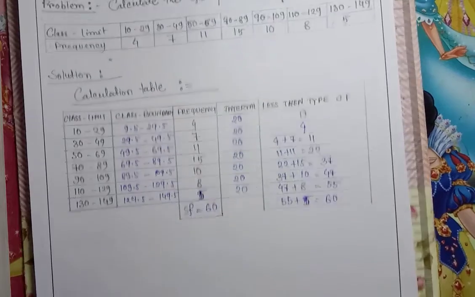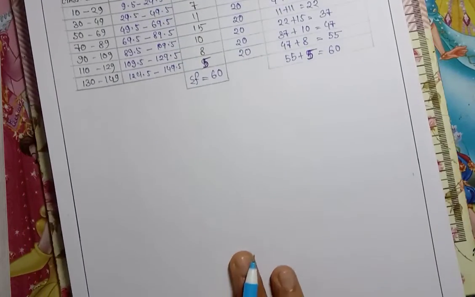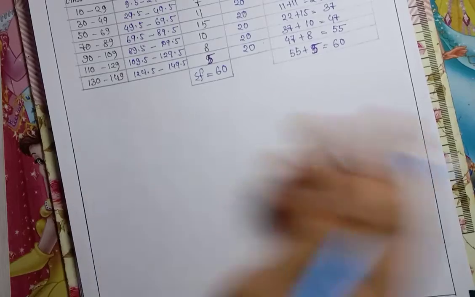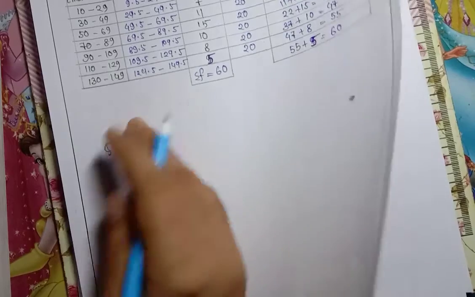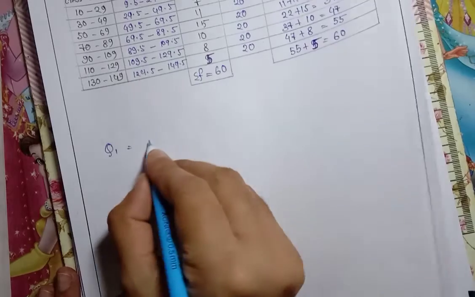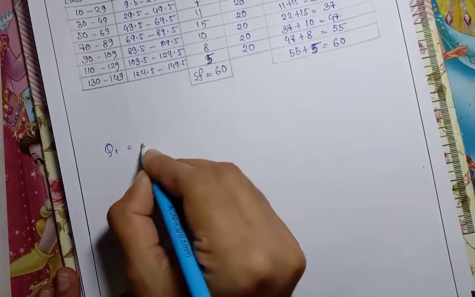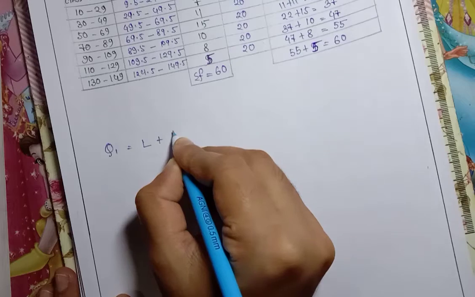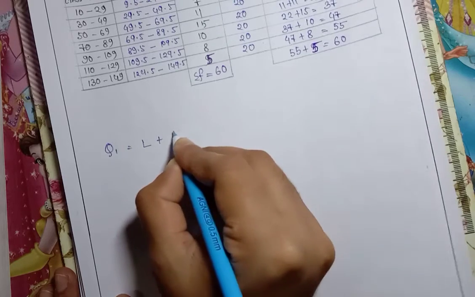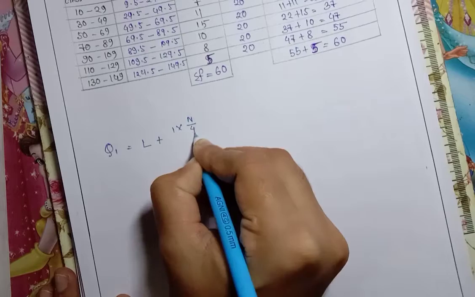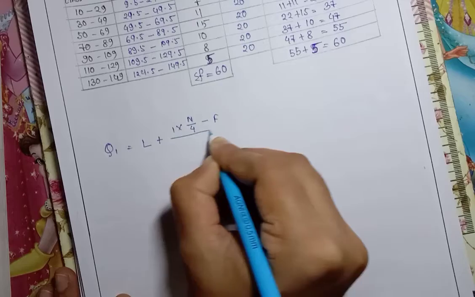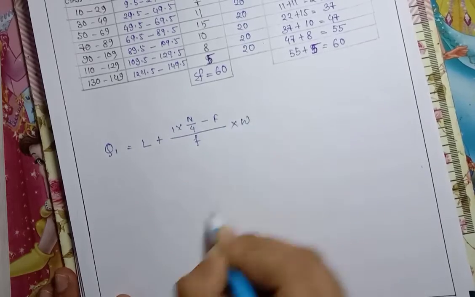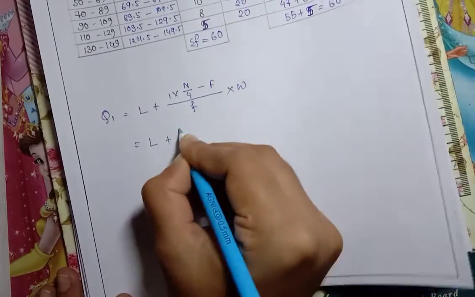Now we need to calculate Q1. The Q1 is equal to L plus (1 into n by 4 minus capital F) divided by small f, into W. Here n is equal to 60.